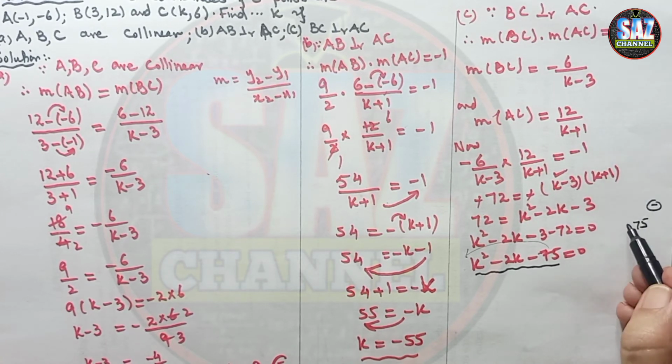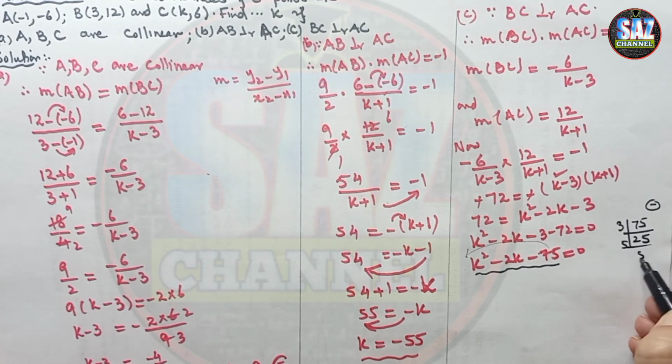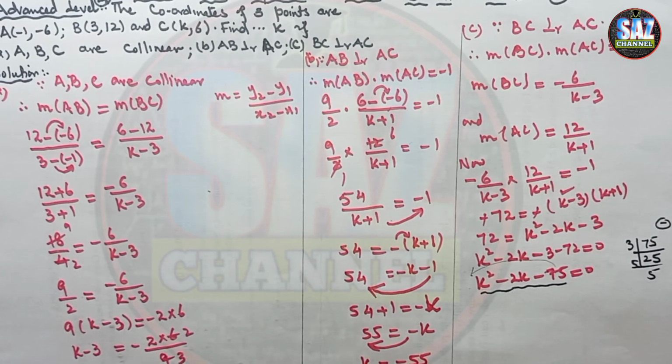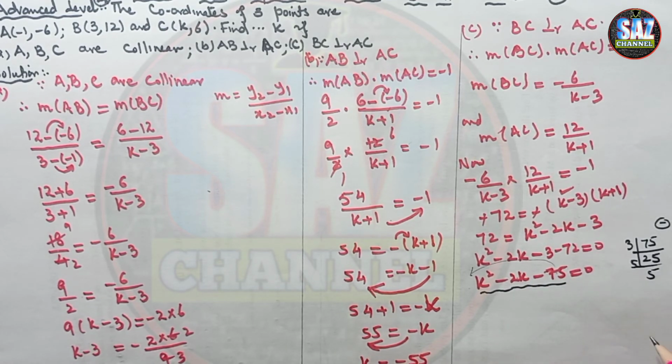Now I have to make the prime factors. We have to set these factors in such a way that when adding or subtracting we get minus 2, and when multiplying we get 75.